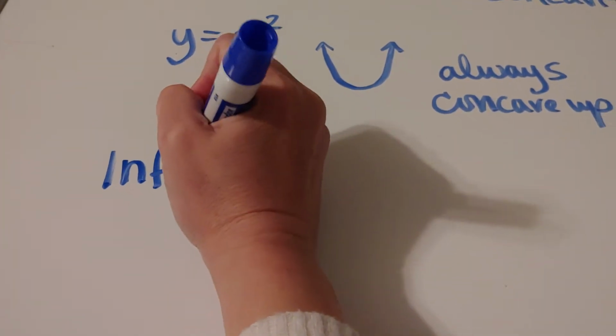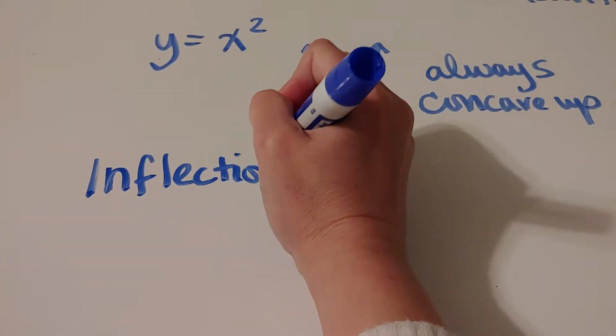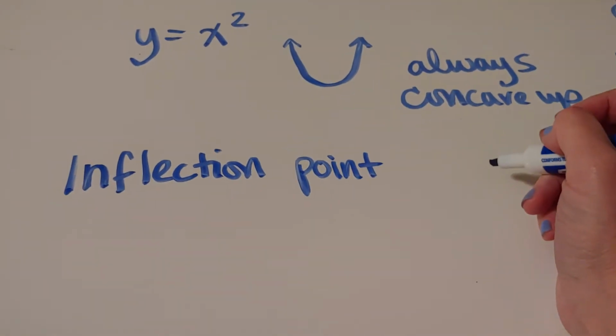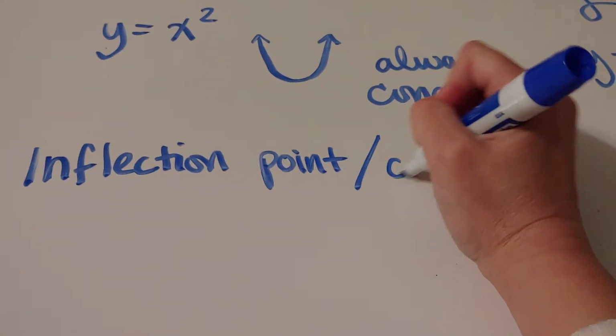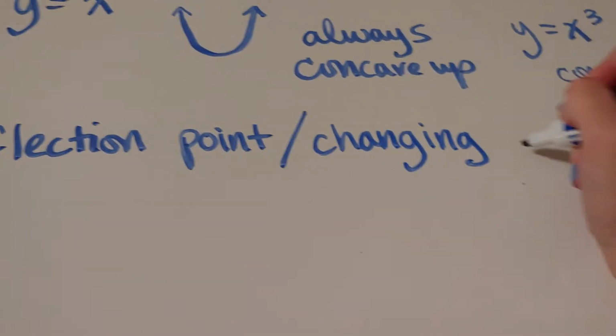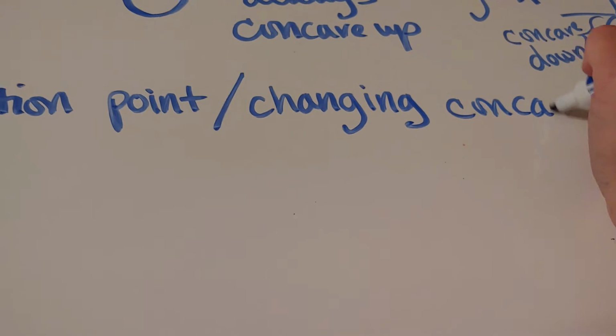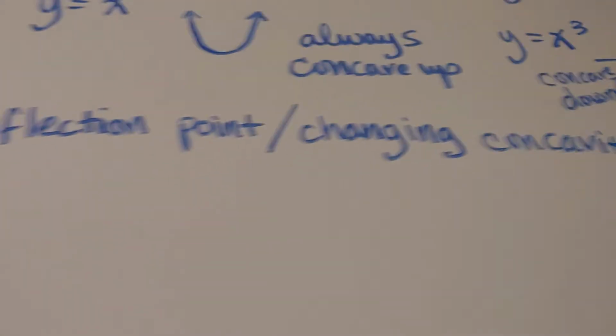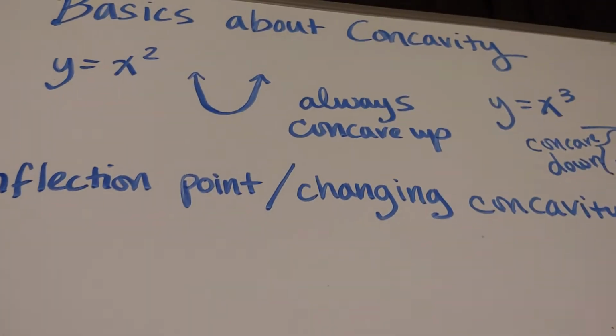or a vertical asymptote. But basically, how we figure out where it's changing concavity and what kind of concavity we have is that we're going to do the following.